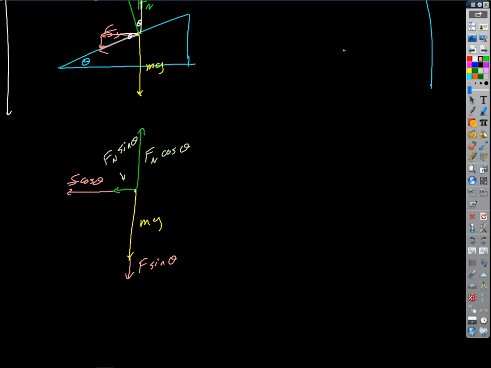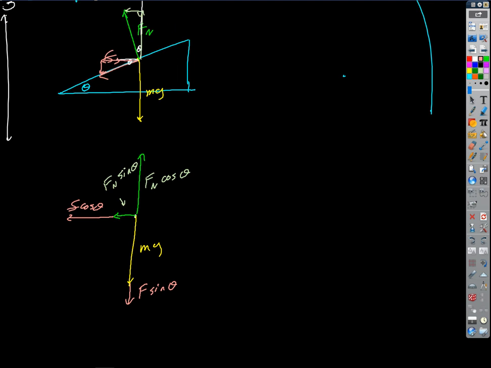So, what do our equations of motion say then? How about the y component?